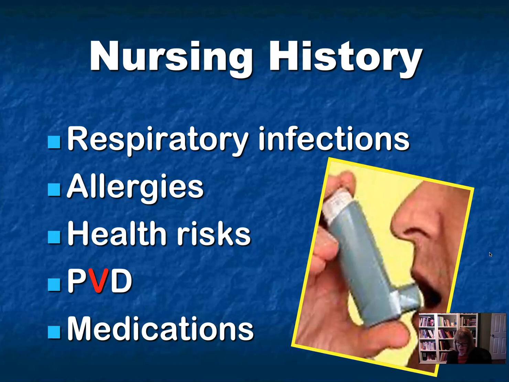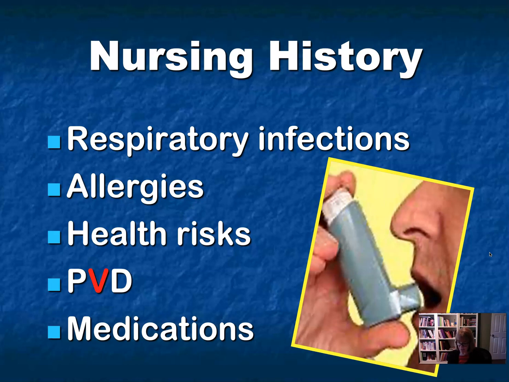Peripheral vascular disease is important for understanding circulation, getting medications to the periphery and such. So if they've had atherosclerosis, a history of that, maybe venous stasis ulcers, and not necessarily deep into our semester, but talking about skin lesions that can occur because circulation has decreased, that's important for us to know.